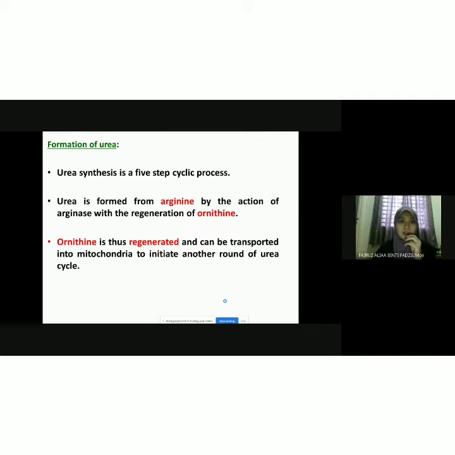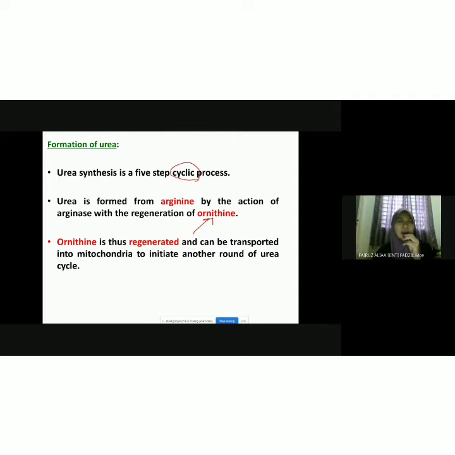Okay, and then the formation of urea is a cyclic process. It's a cyclic process, kitaran. Why do we say it is cyclic? Because continuously we generate the ornithine. We are using the ornithine and then we regenerate the ornithine, just like the Krebs cycle.